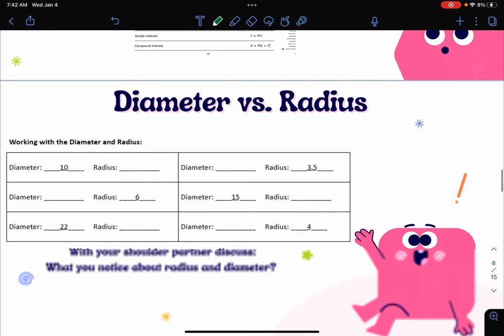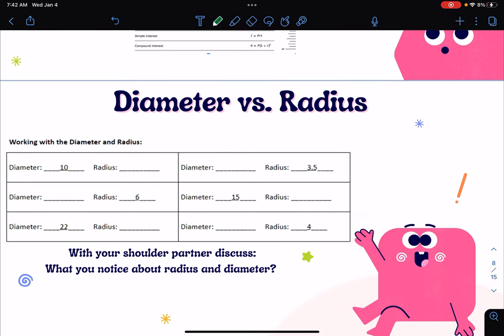So here, if you have a diameter of 10, remember that radius is half of your diameter. Okay? So if your diameter is 10, what would be your radius? 5. That is correct, because 5 is half of 10. So if you have a radius of 6, what do you think your diameter would be?